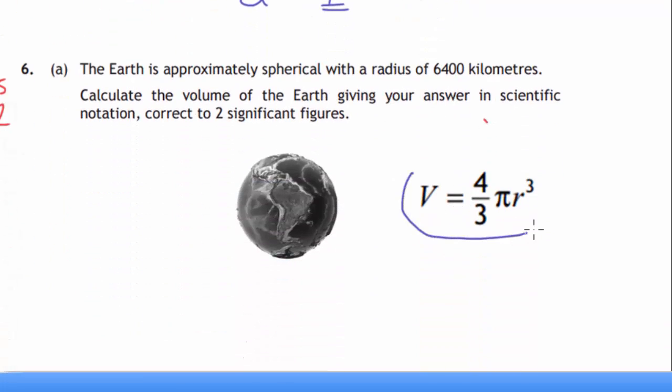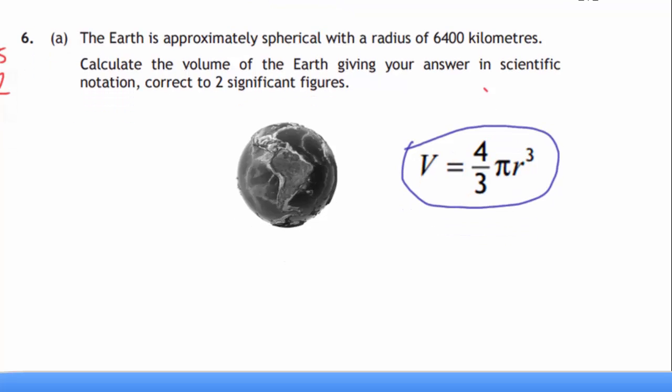This wee part I've included will be in your formula sheet, and they're just asking you to work out to two significant numbers. Now, a significant number is, if I wrote 123.07, we can count how many significant numbers: you count from the first number you come across that's not a 0.